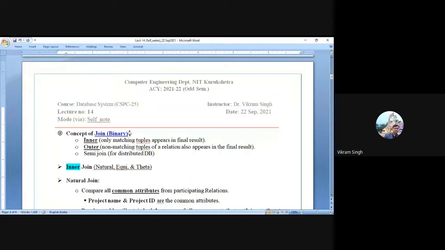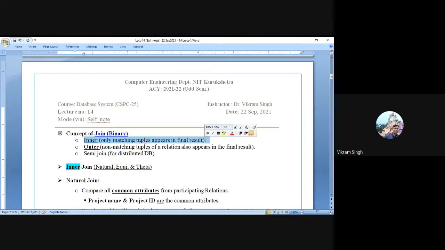The very first type of join is inner join, right? And inner join is something which we require right now to help us. Inner join simply filters or selects tuples with matching conditions, right?